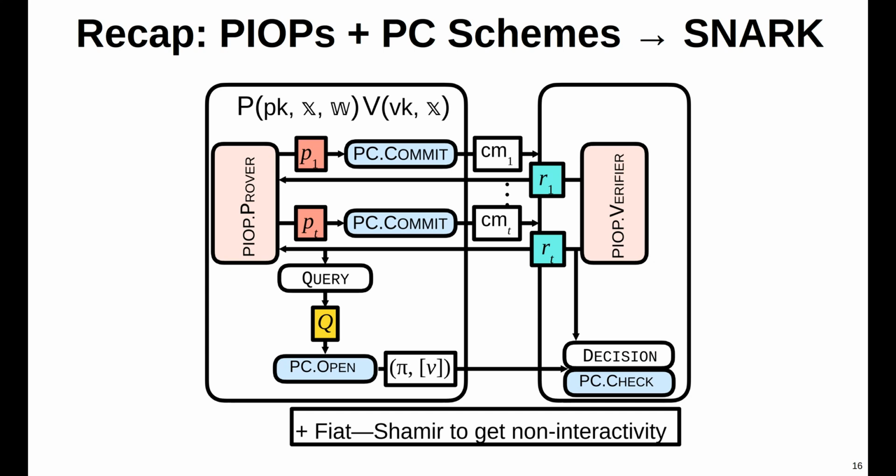In the PIOP protocol, the verifier sends a random oracle challenge back to the prover, and you continue this for several rounds until you go to the final round, wherein you evaluate over a certain query set and send the final evaluation proof back to the verifier, right? So this is a whirlwind overview of how ZK SNARKs work today.